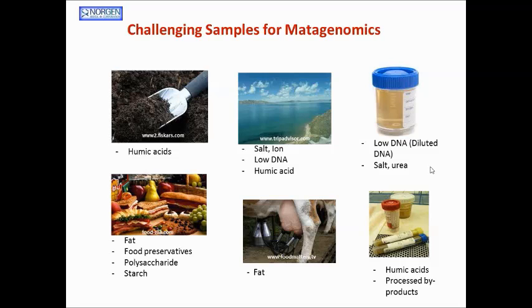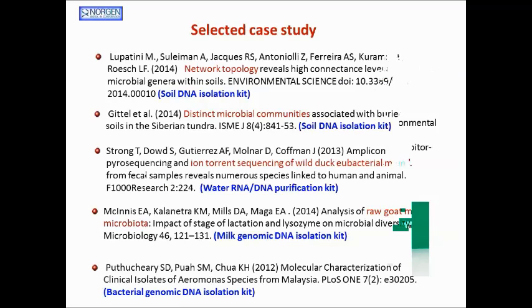There are two other bodily fluids: urine on the top, and fecal samples at the bottom. These are among the most difficult samples to handle. However, due to the increasing interest in understanding the microbiota in fecal samples, there is a lot of demand to get high quality DNA.